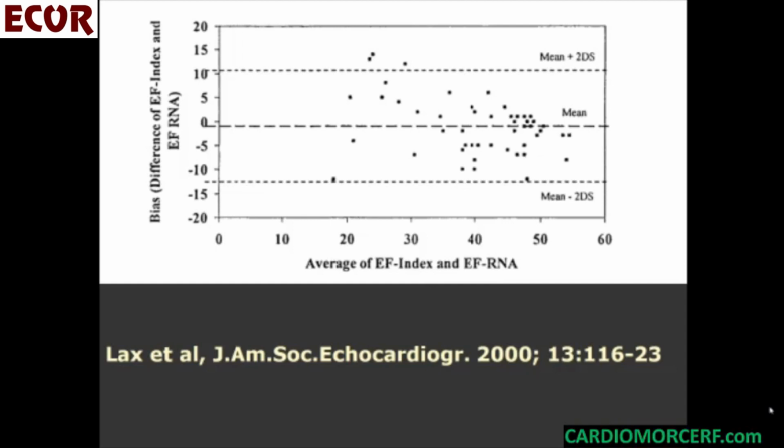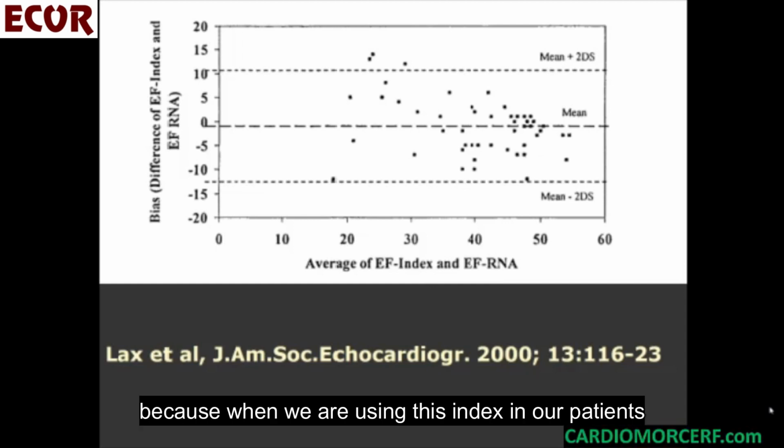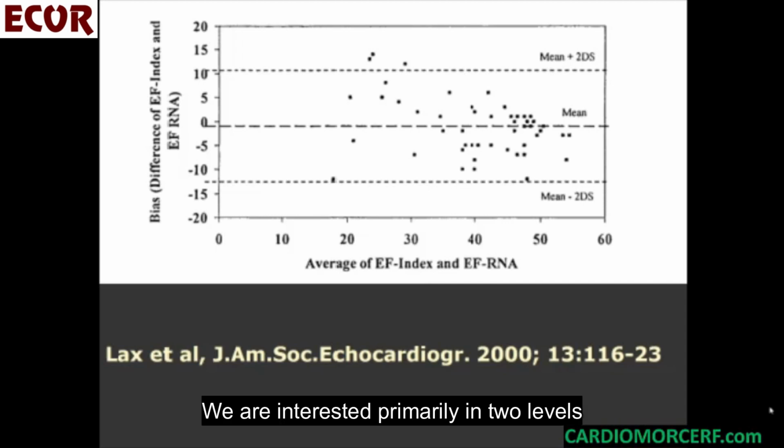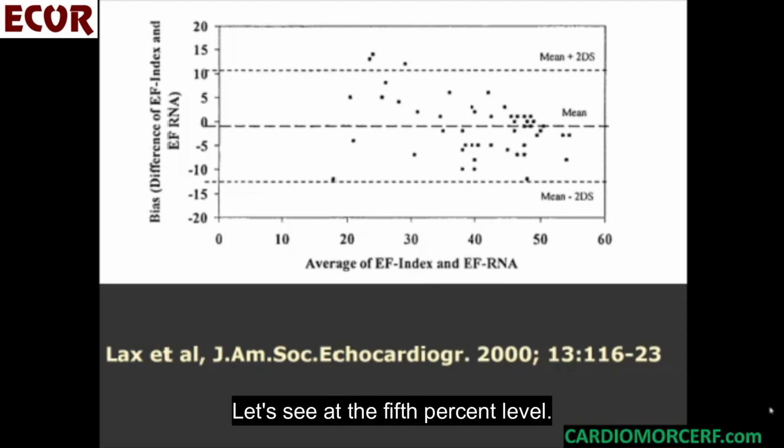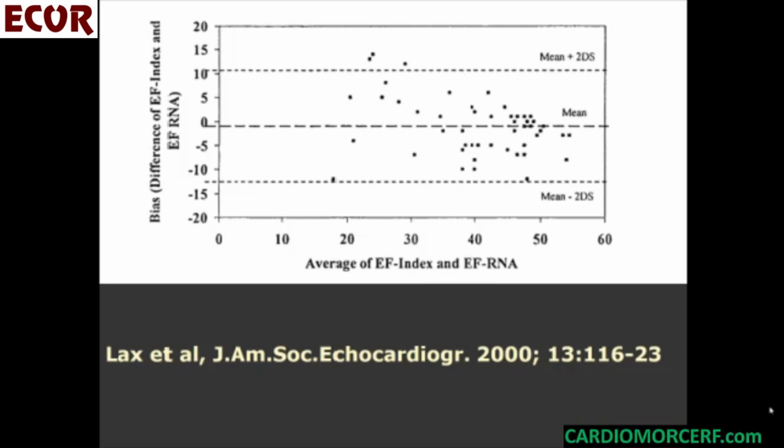Why is that? Because when we are using this index in our patient, we are interested primarily in two levels of ejection fraction. For instance, is the ejection fraction normal or abnormal? Let's say at the 5th percentile level.